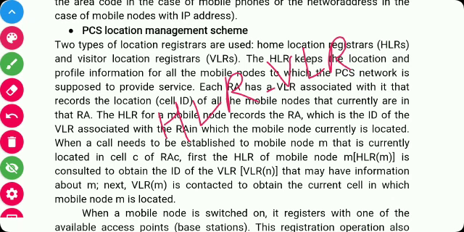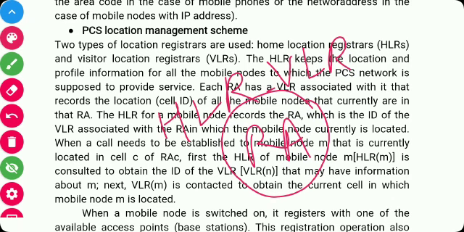The HLR keeps the location and profile management for all the mobile nodes to which the PCS network is supposed to provide service. Each registration area has a VLR associated with it that records the location of all the mobile nodes currently in that area. The HLR for a mobile node records the ID of the VLR associated with that area.